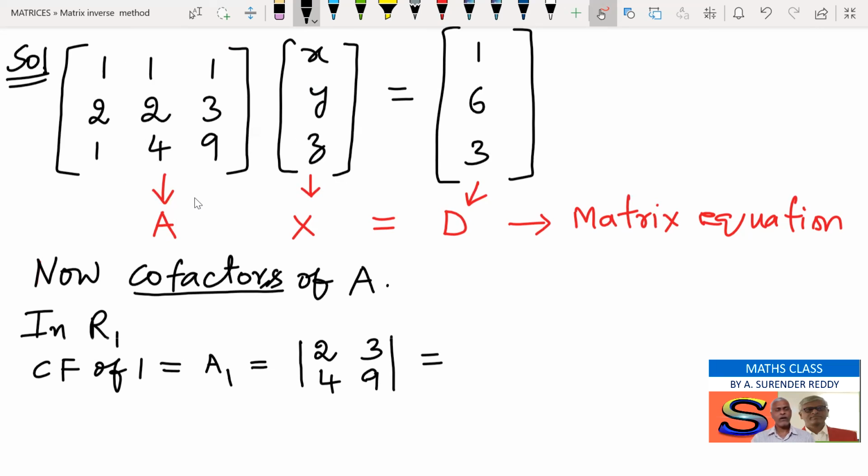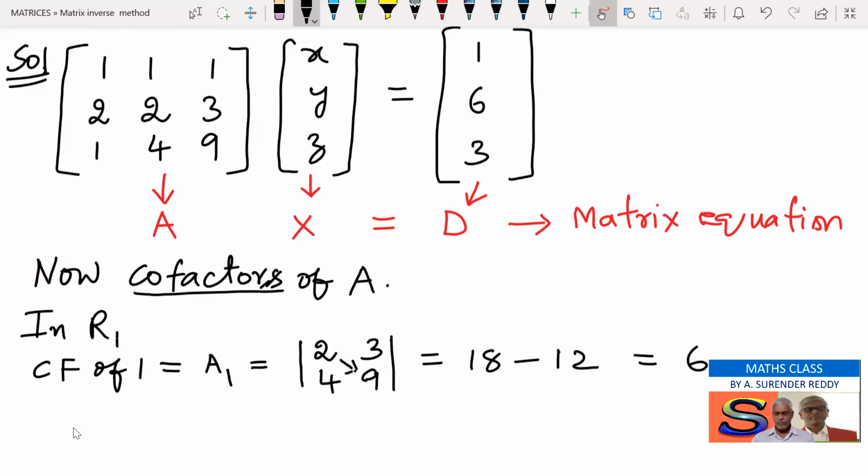Except the row and column in which the element lies, take the remaining 4 numbers. Calculating this determinant, 2 9s are 18, 4 3s are 12. So 18 minus 12, 6. The cofactor of the first row, first element is 6.